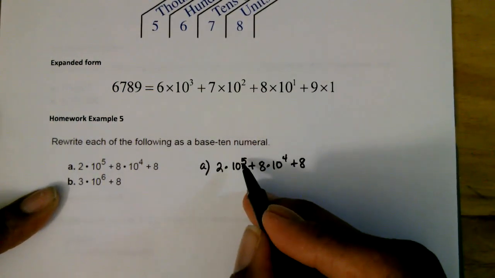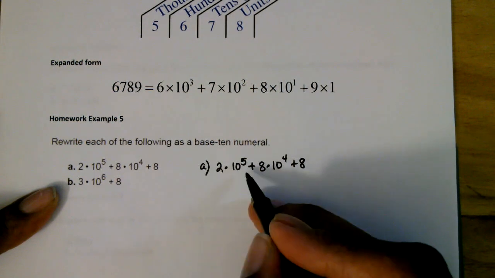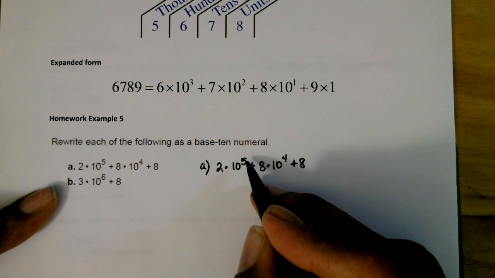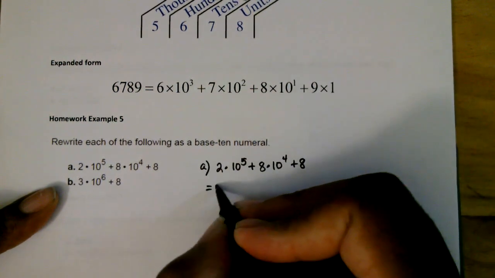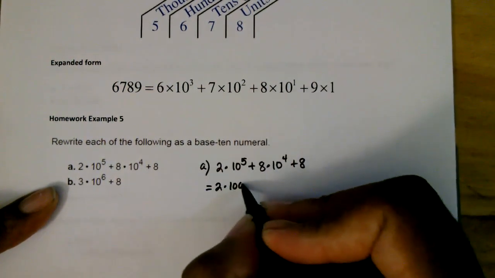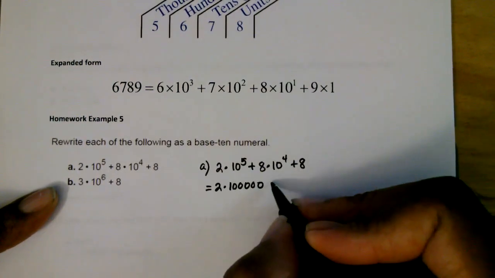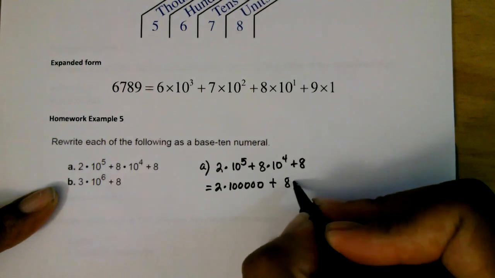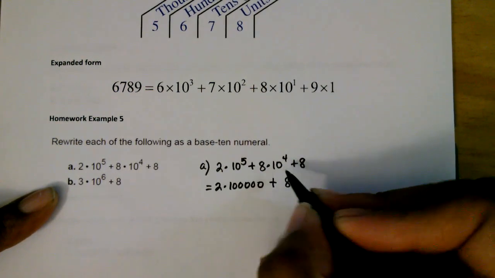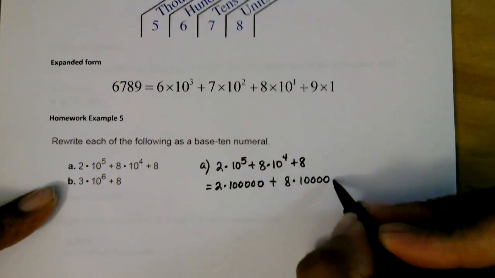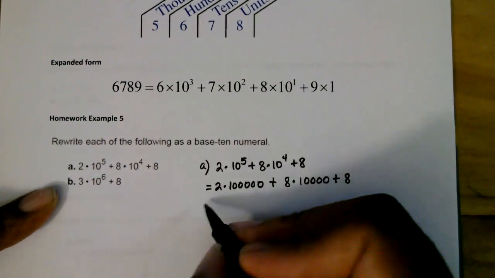That 10 to the 5th, I can write as a 1 with 5 zeros because it's in base 10, and the exponent tells me how many zeros I need. So this will be 2 times 100,000, that's a 1 with 5 zeros. And then plus 8 times, the exponent is 4 for the base of 10, so it'll be 1 with 4 zeros, and then plus 8.